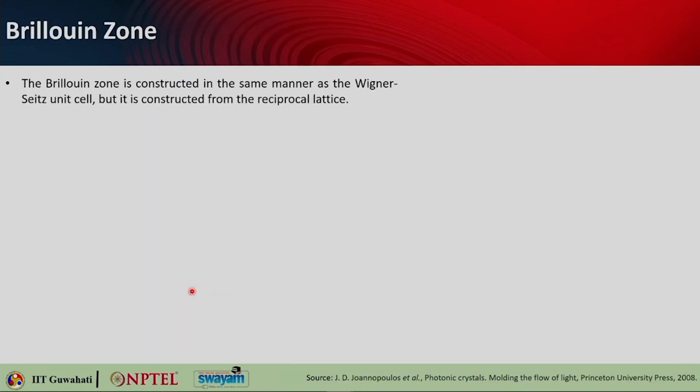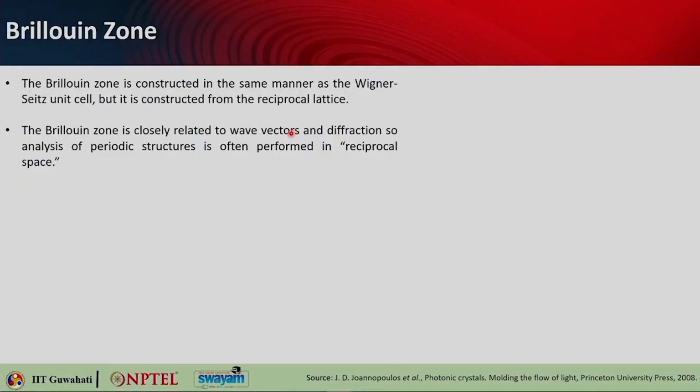So whatever you have done for the Wigner-Seitz cell, if you do the same thing in a reciprocal lattice, you will basically get a Brillouin zone. So the construction of the Brillouin zone is exactly similar to the Wigner-Seitz cell, you just have to do the same operation in the reciprocal lattice. Now the Brillouin zone is closely related to wave vectors and diffraction. So analysis of periodic structures is often performed in the reciprocal lattice.